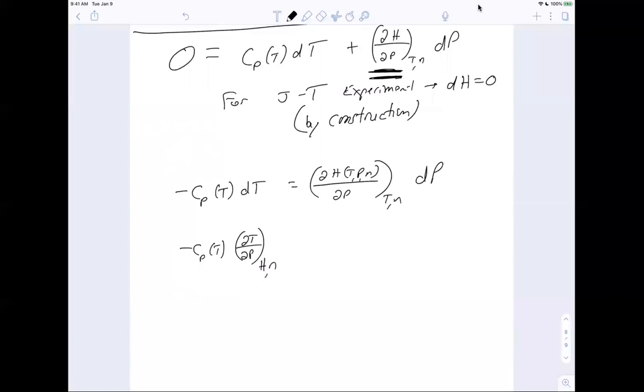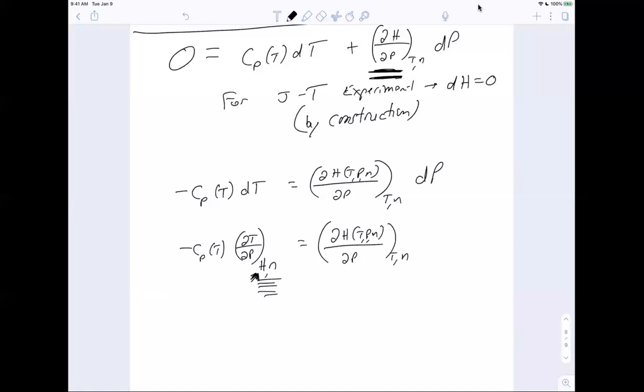Because temperature can change as a function of pressure, we take the partial with respect to pressure, using the constraint that we have constant enthalpy, and that's really the important one right here. And that's just equal to the partial of H with respect to pressure, at constant T and N.